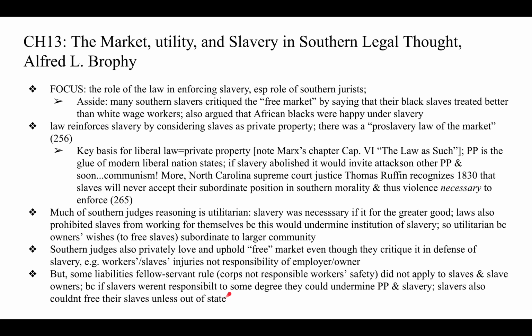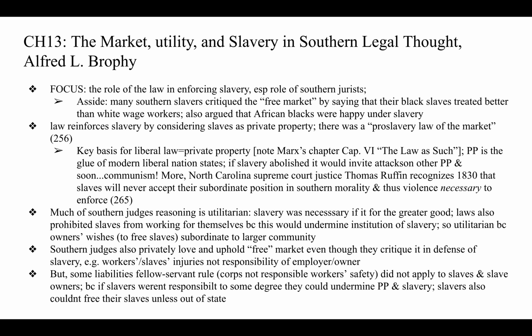Sorry, this is kind of convoluted, but what I want to say here is that generally at this time, companies didn't have a responsibility to secure workers' safety or to give them compensation if they were injured on the job. That was considered an important characteristic of the, quote, free market at the time.